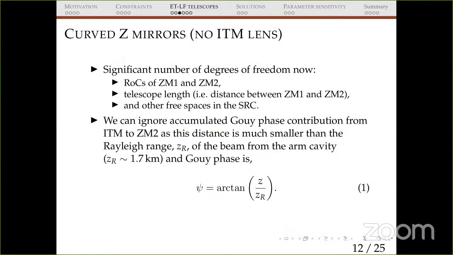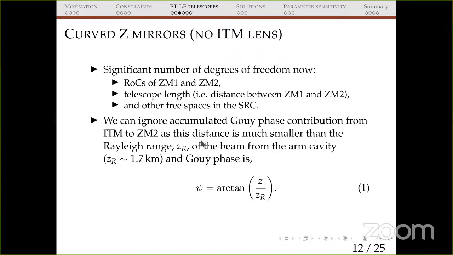So then the next level of complexity is to allow curvatures on the 2 telescope mirrors. And this is already quite a bit more complicated now, as there are several degrees of freedom. But we can make a helpful assumption here to reduce this number of degrees of freedom.